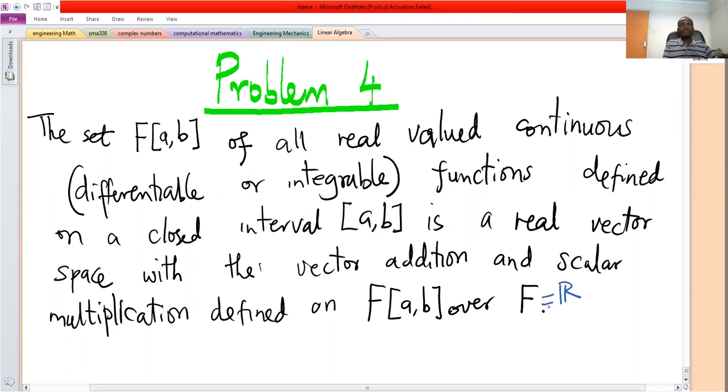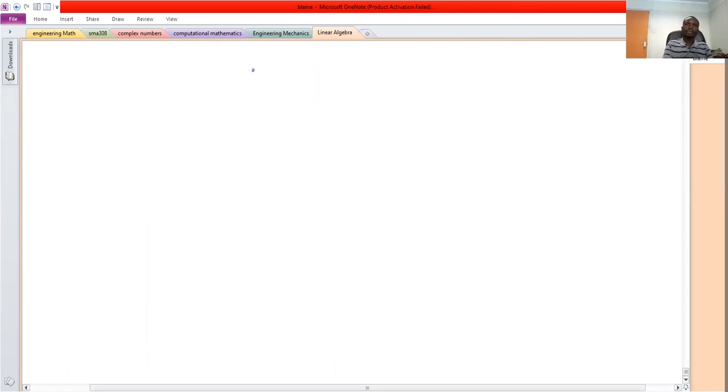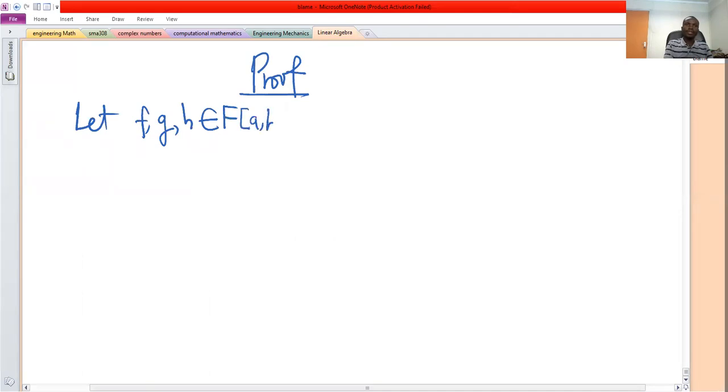Okay, so to prove this one, we have to show that all the 10 axioms of vector space are satisfied by this set, capital F. So proof. Let f, g, and h be functions in this set, and let alpha, beta be in the field F, and for this case, the field is just the set of real numbers.